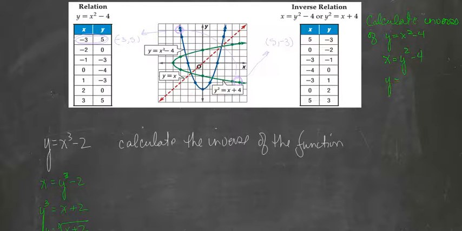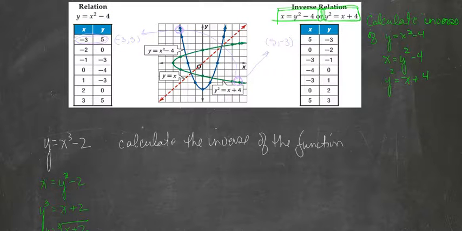Y squared equals x plus 4, which is exactly what they have. Or I could leave it just the way I started, which is x equals y squared minus 4. Either way, I've written an equation for the inverse of the original relation.